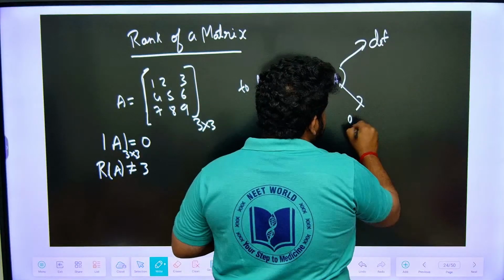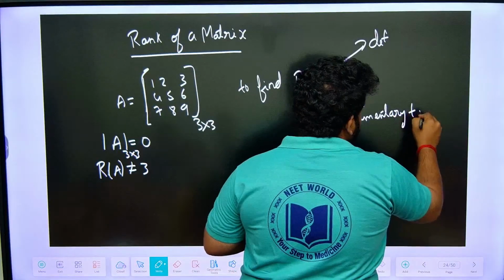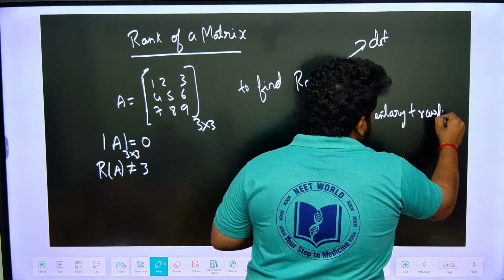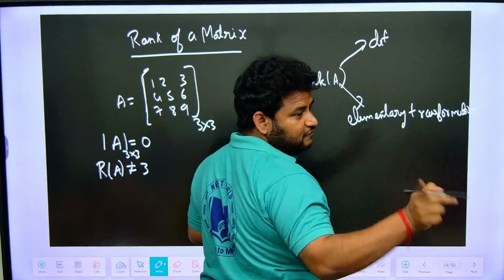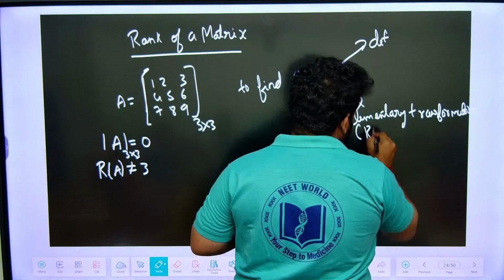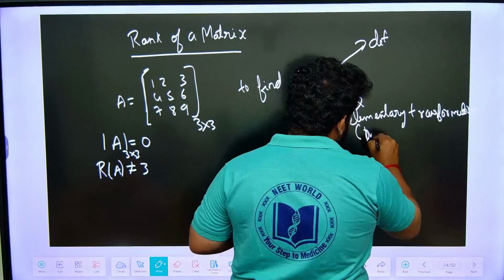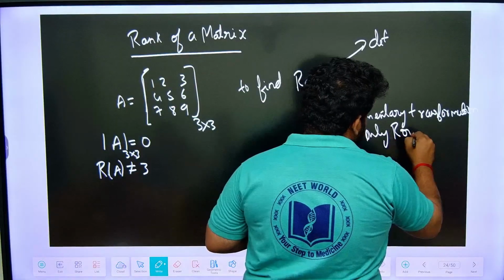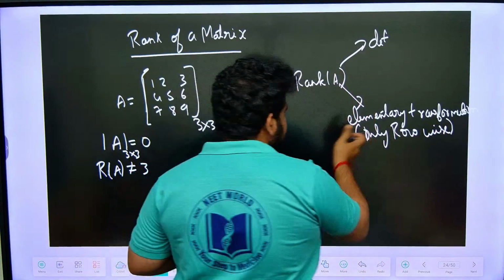Next is elementary transformation. Which way? Elementary transformation only row wise, no column wise, only row wise. So, this is the thing.